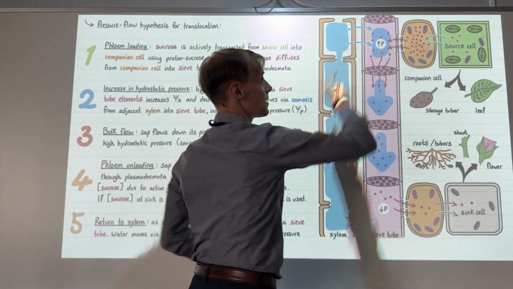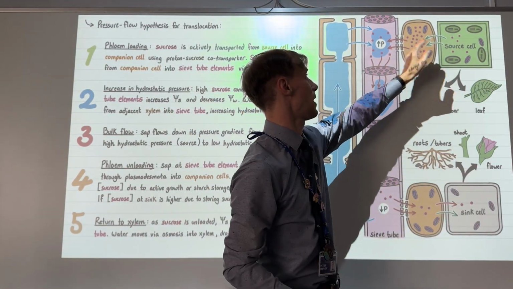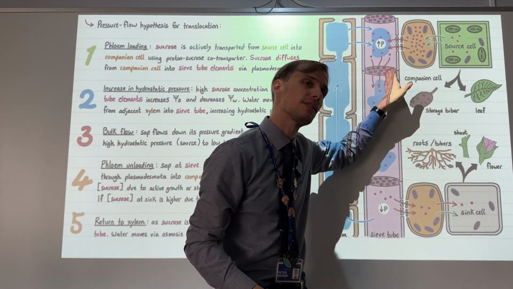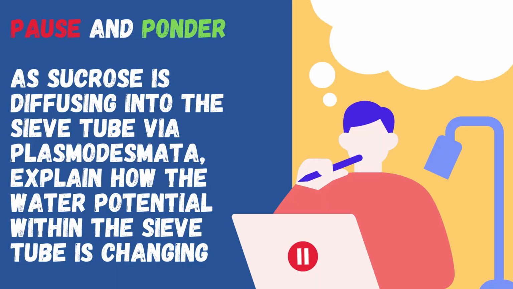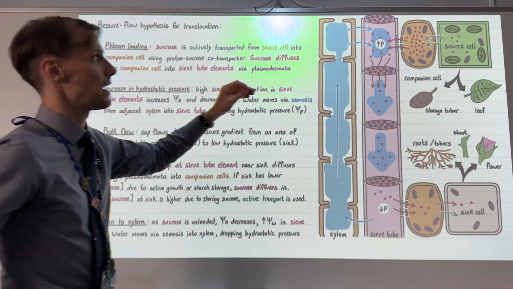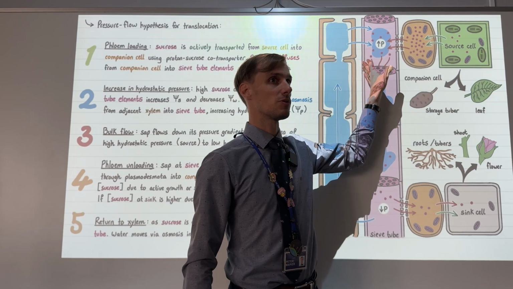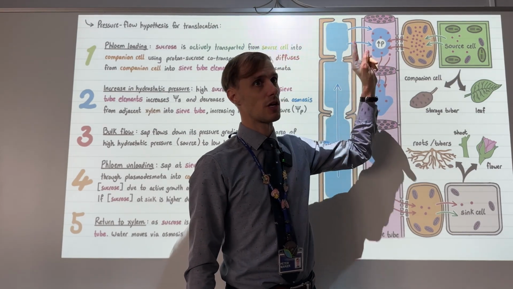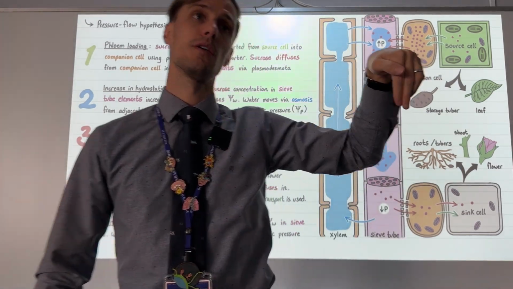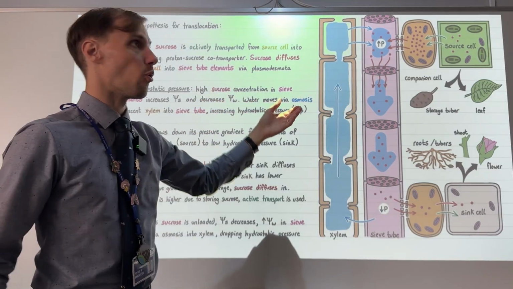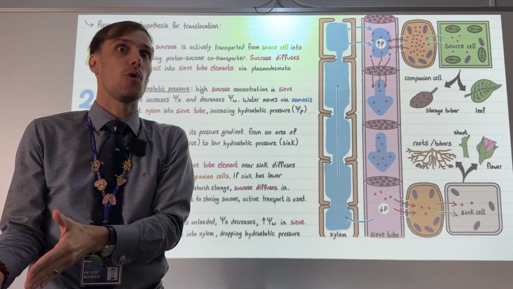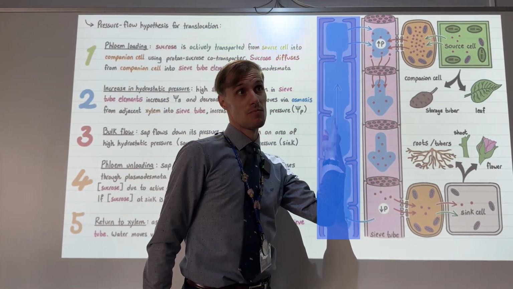If I'm constantly adding in sucrose from companion into sieve tube cell, what's happening to the water potential? If I am constantly getting sucrose diffusing into the sieve tube cells, this increases solute potential, decreases water potential, and what's right next to phloem? Xylem.